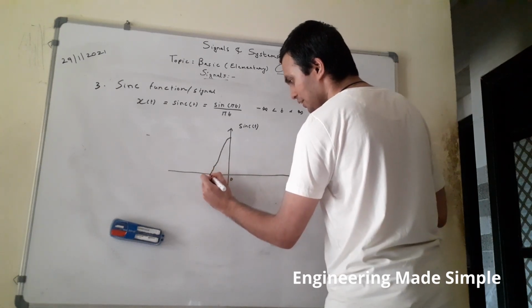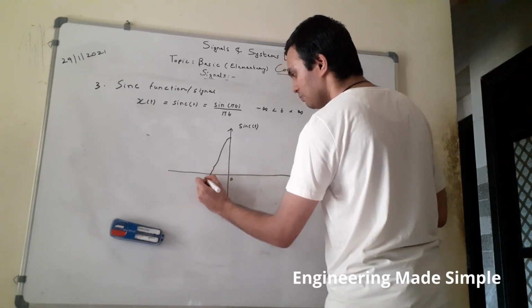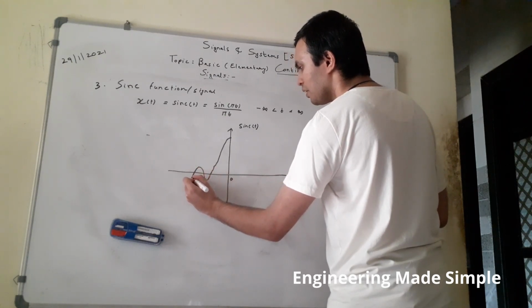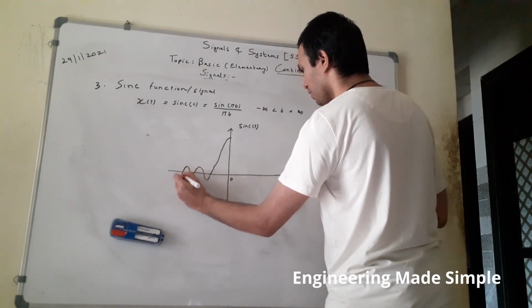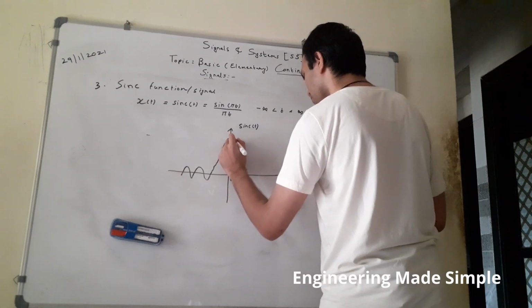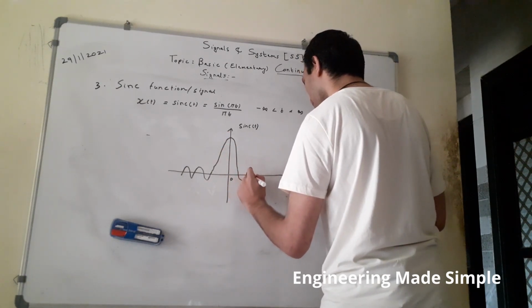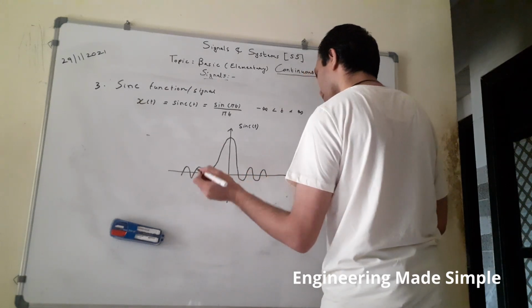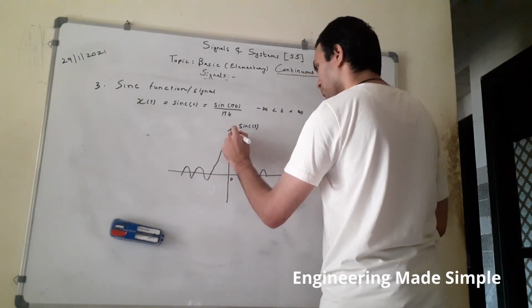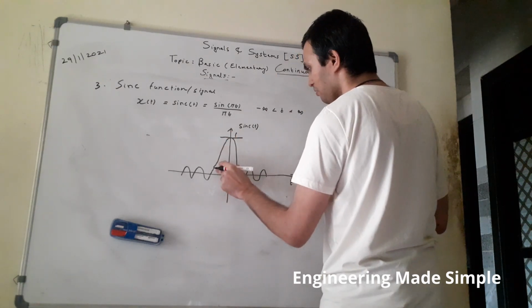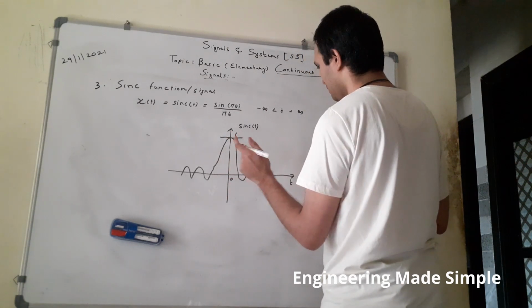And for all integer values of time, it will cross 0. So for time t equal to 0, its value is maximum, which is 1. That is, the area under the curve of the sinc function is unity.